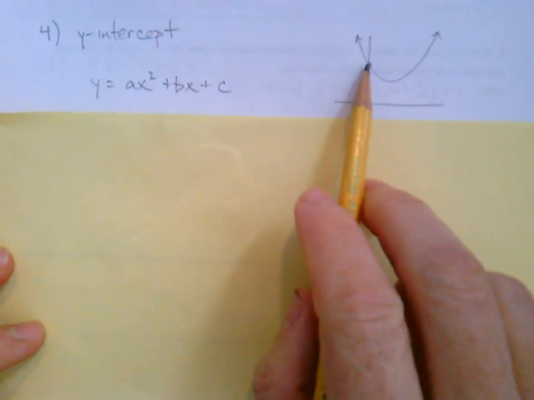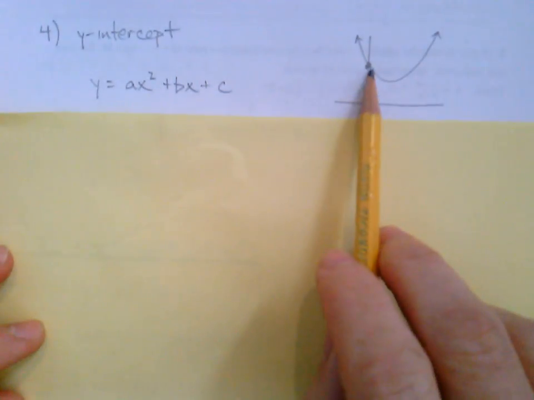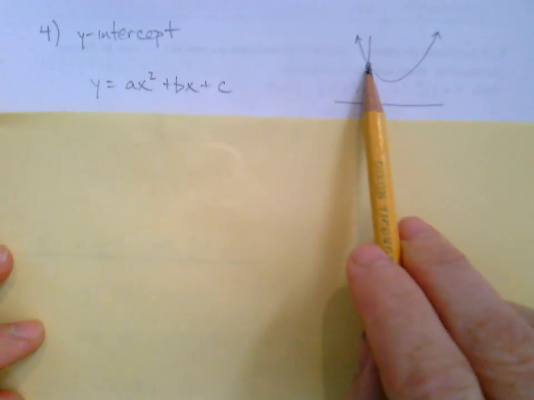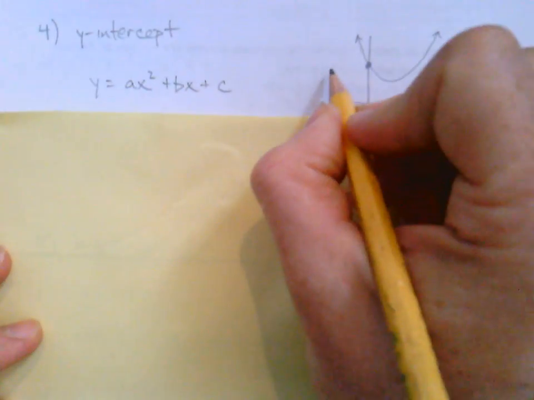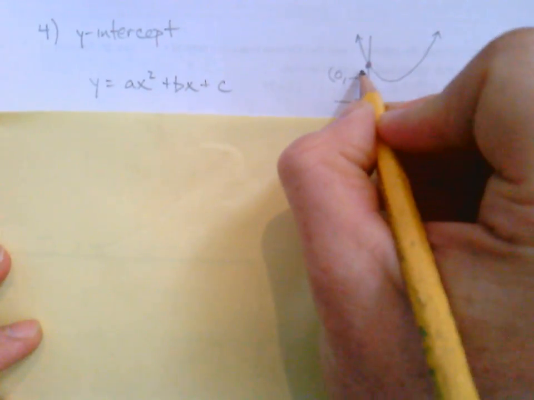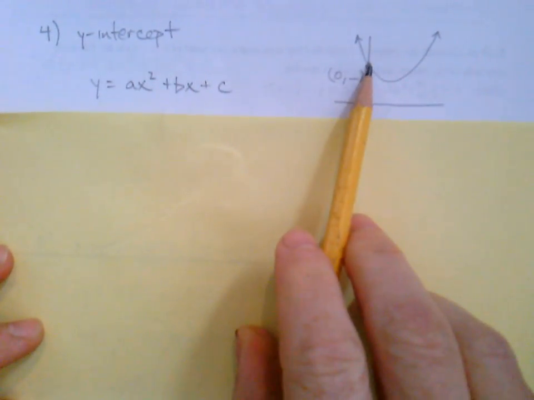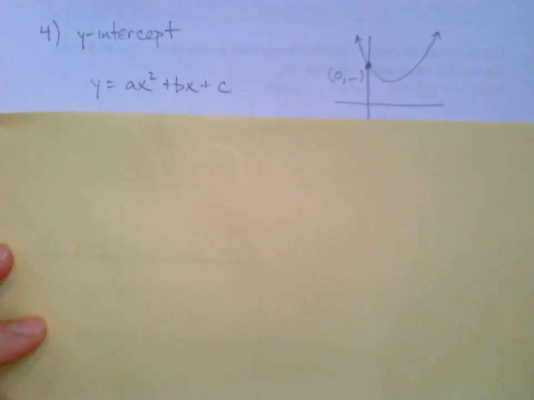Let me ask you a question. What is the x coordinate of any point on the y-axis? What is the x coordinate if you're located right there? Doesn't it have to be 0? Now, we don't know what the y is. That's what we've got to find. But we definitely know the x coordinate is 0.